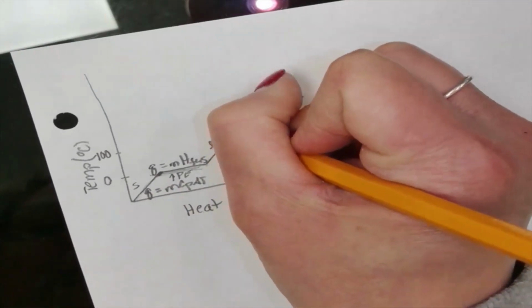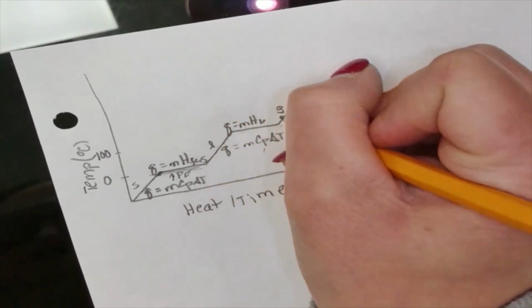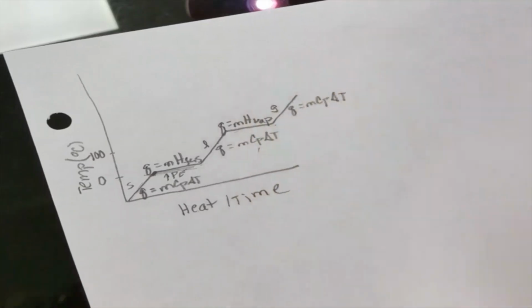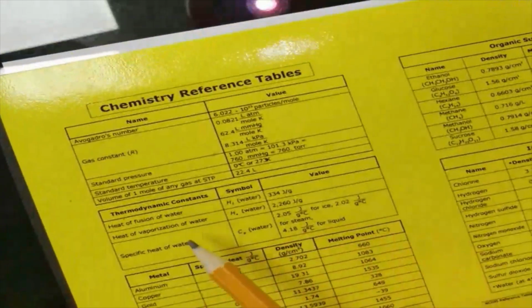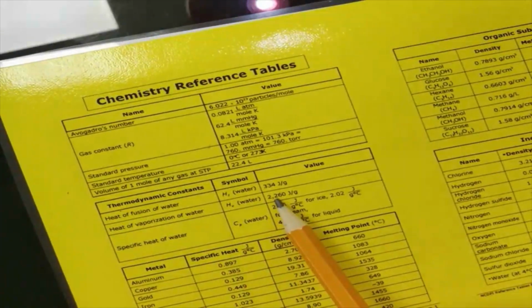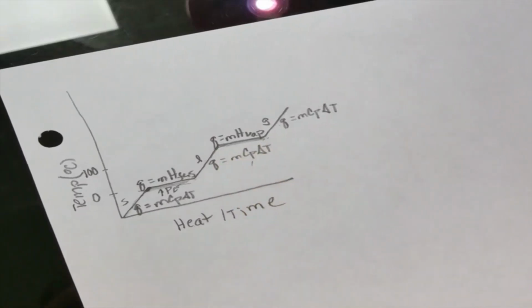During my vaporization, Q is going to equal m heat of vaporization, and my heat of vaporization of water is 2260 joules per gram. Again, degrees Celsius is missing because temperature remains constant.